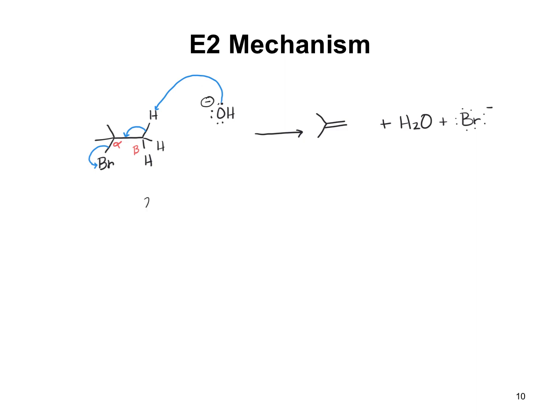It exhibits second order kinetics, just like SN2 did. And so that means when we look at the rate law, it is going to be based on the concentration of the alkyl halide and the concentration of the base.